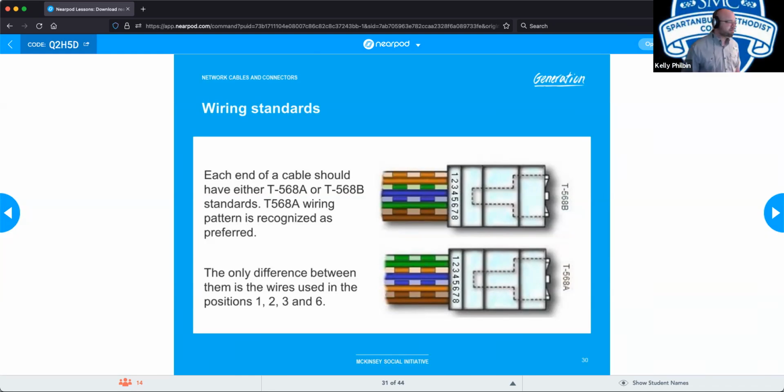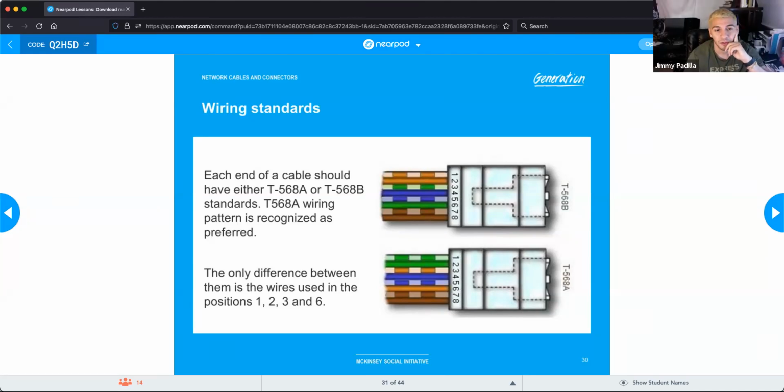Yes, Jimmy. So why is the A wiring the preferred? You mean the B? I believe it is because I think it has something to do with the blue wires having more twists, so one of the wires had more twists per inch.